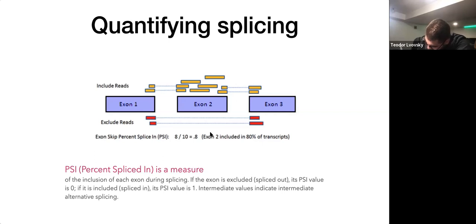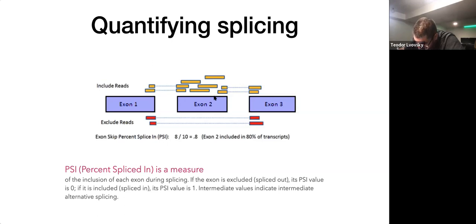And the proof that it is not there is that they really start with exon 1 and they continue directly in exon 3. They really are evidence that exon 2 is not expressed. So you do the sum and you see that, for example, in this case, it's 80% of the transcripts that must have exon 2. So that's a PSI of 80%. Okay, the percent spliced in is 80%.